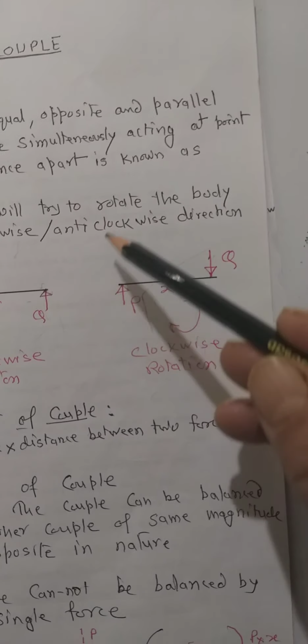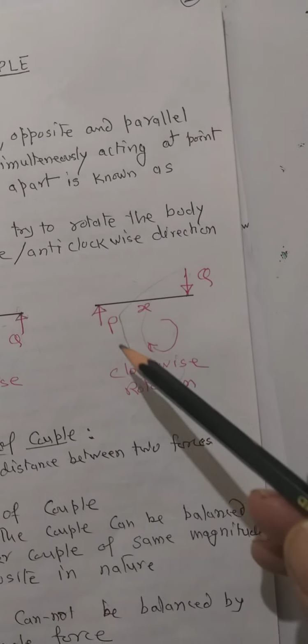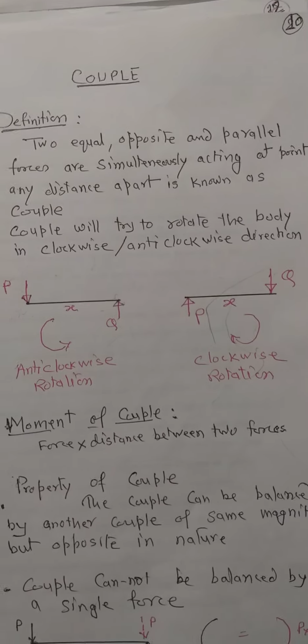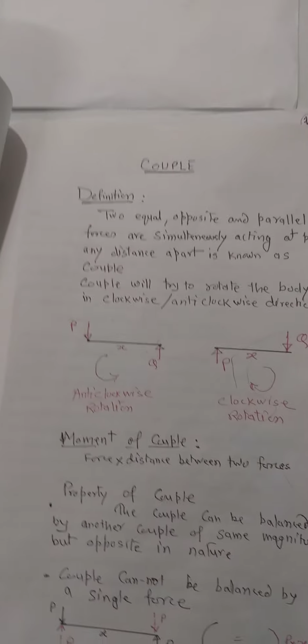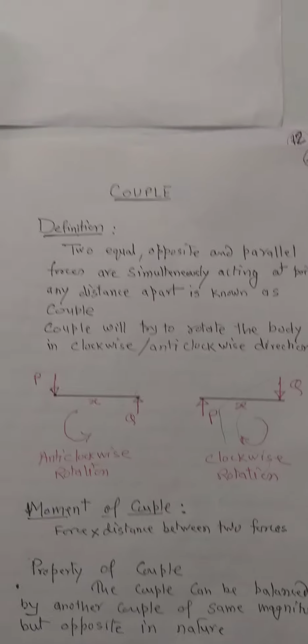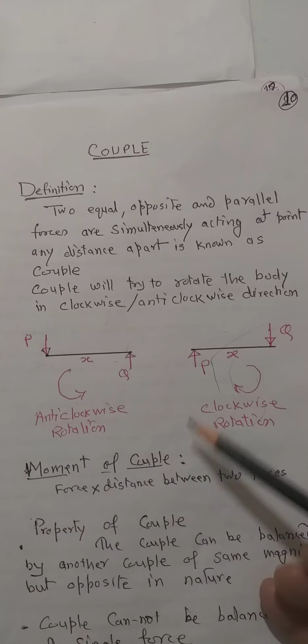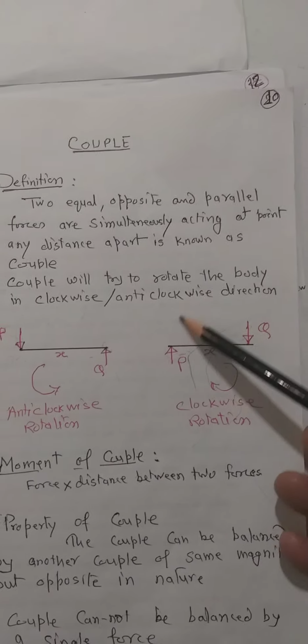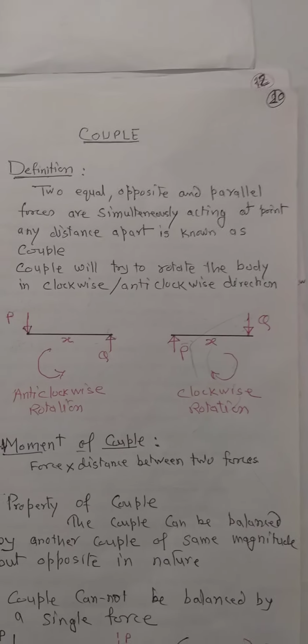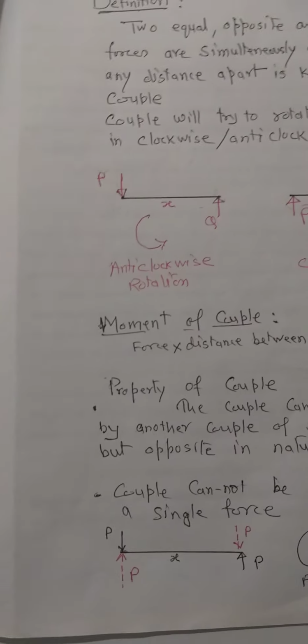Clockwise, like this. This is a clockwise couple, and the magnitude of this couple results in a moment we call the moment of a couple. So the moment of a couple is either this force into this distance or this force into this distance.